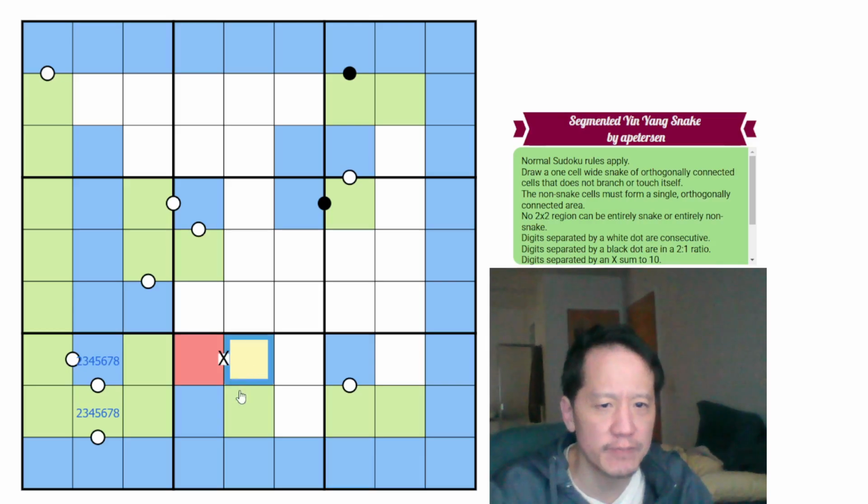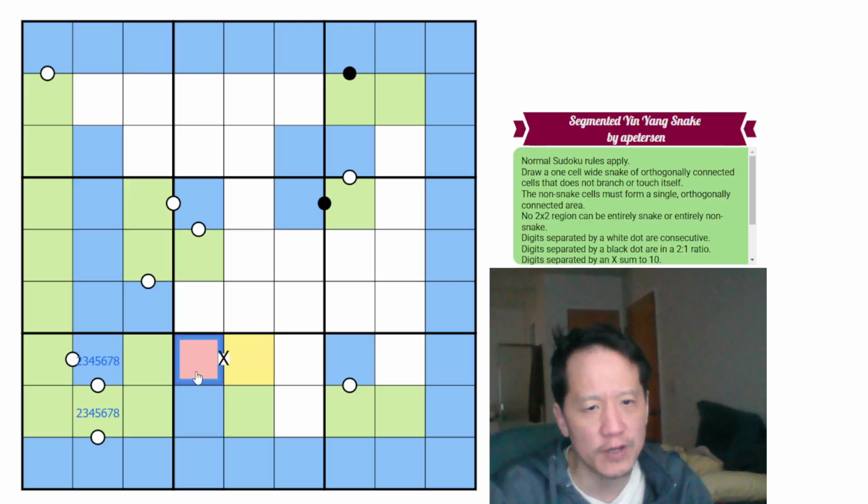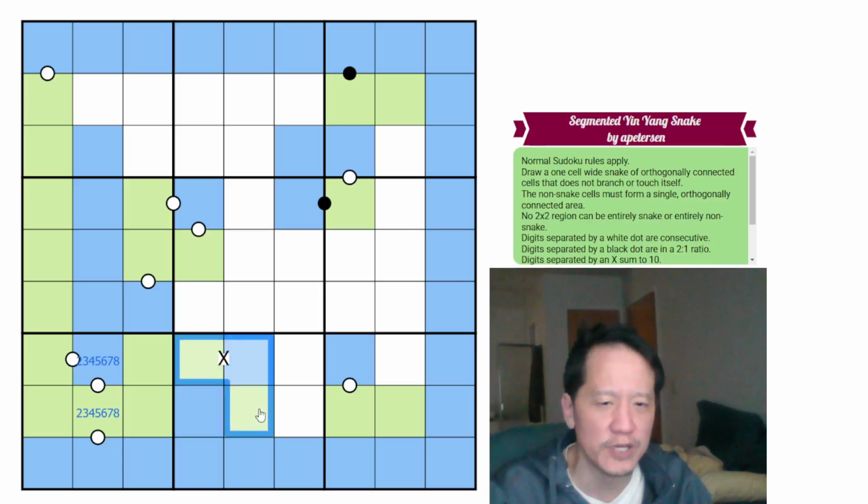Oh, wait, this can't be... These are different ones, right? So if this were blue, that would be green. So this actually has to stop here. So this has to be blue. Because otherwise we'd have essentially the cross index, right? We'd have this being green and this being blue, but that's not possible in a yin-yang puzzle.